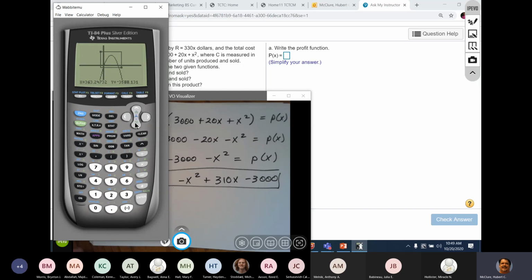There it is. And of course, you might want to find the X-intercepts and the Y-intercept. Well, the Y-intercept is negative 3,000. So let's find the vertex. Second trace. In fact, let's find the zero. Second trace, zero. And I'll go ahead and find this X-intercept over here.